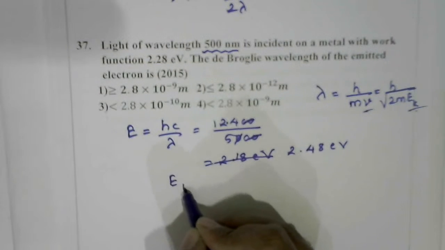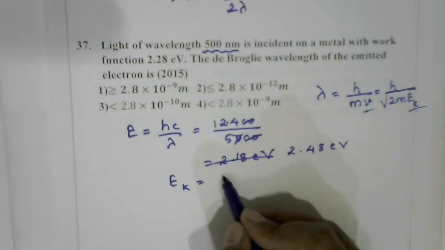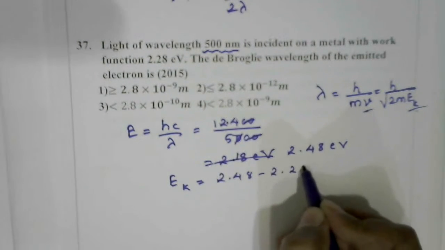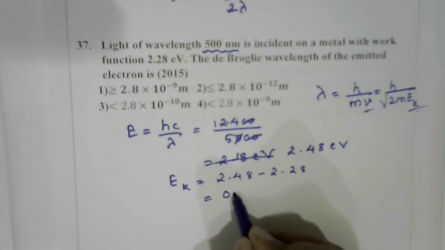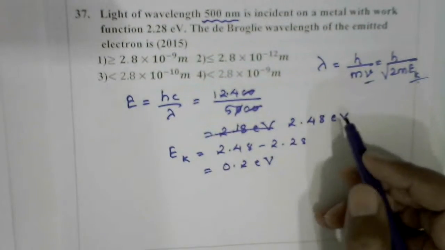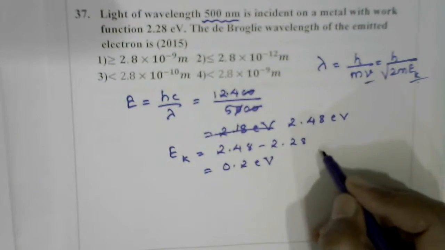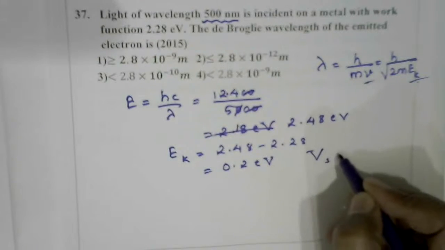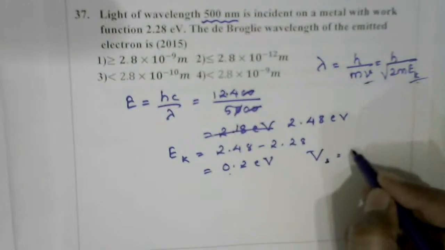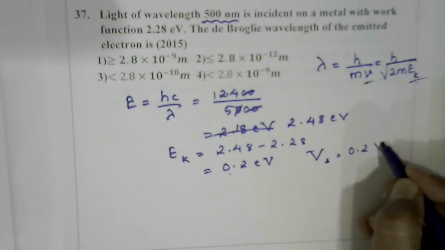If you subtract, you are going to get the kinetic energy. What will be the kinetic energy? You will get 2.48 minus 2.28, that comes as 0.2 electron volt. If 0.2 electron volt is there, then the stopping potential, the potential applied, I can take as 0.2 volt nearly.